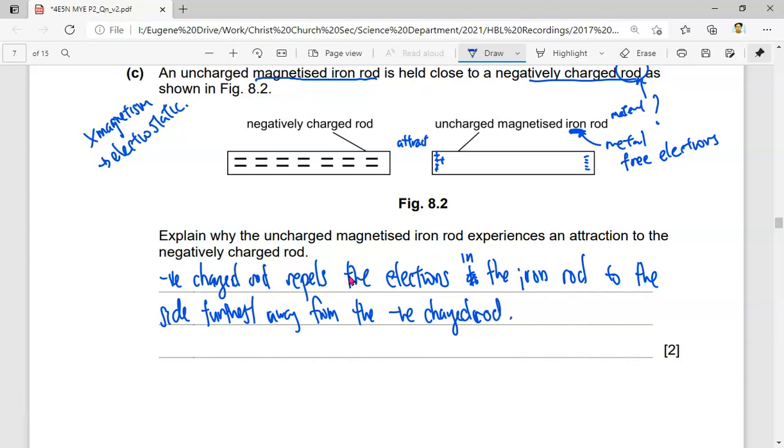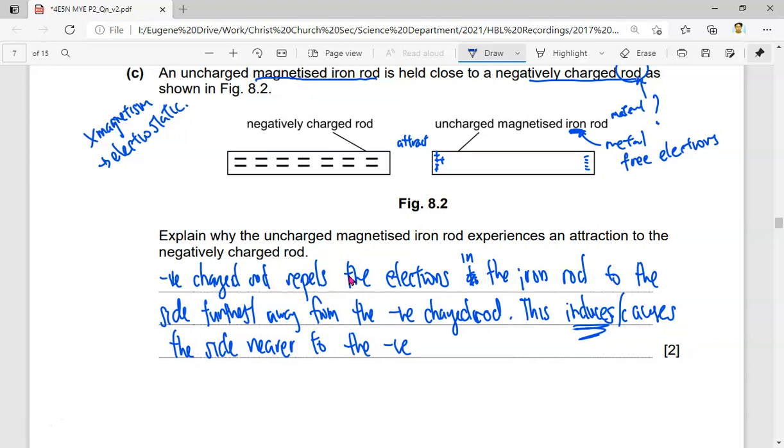So what happens next is that this induces, or if you use the word results or causes. Actually, the keyword here you should be using is induces.